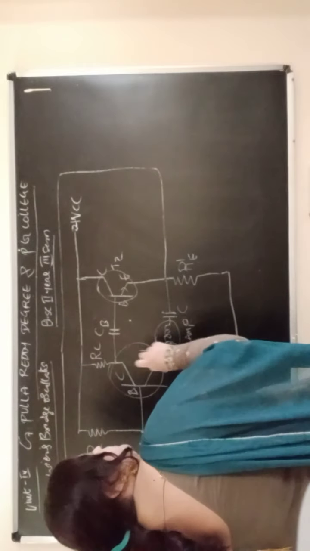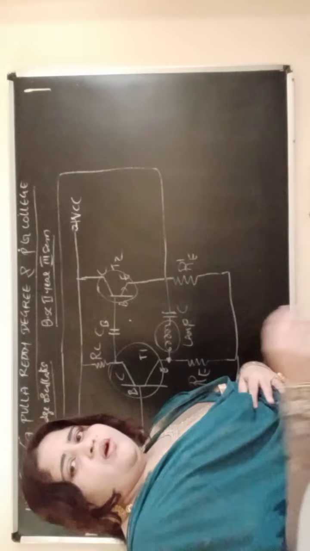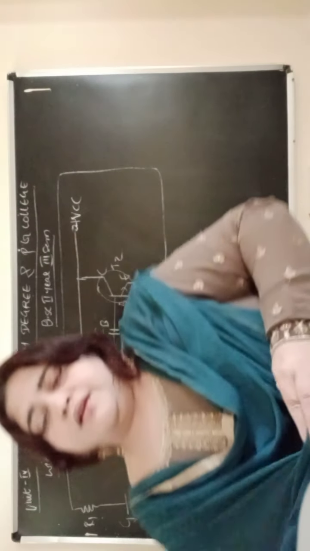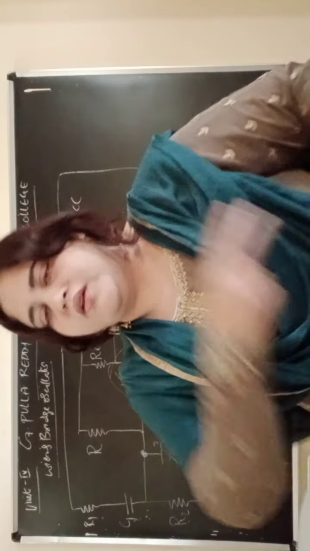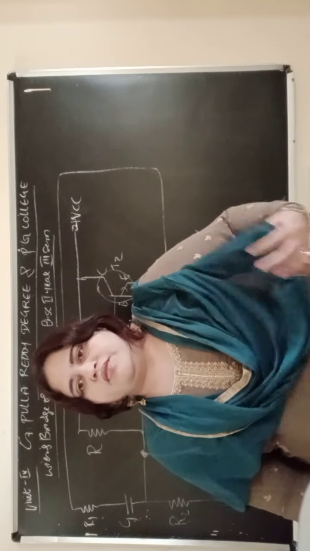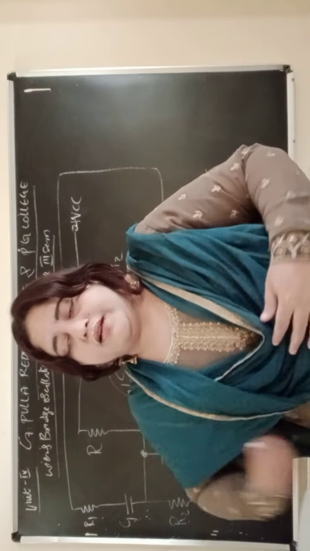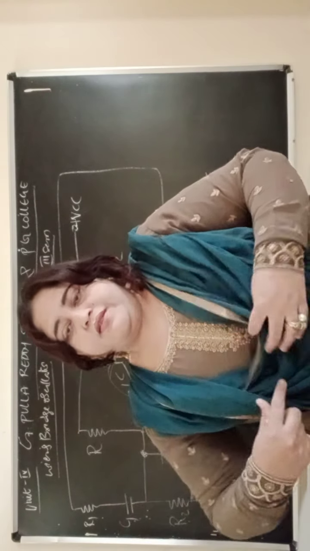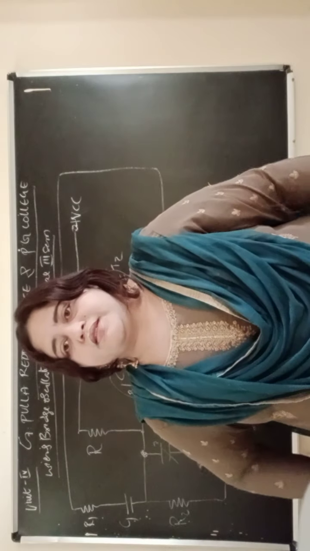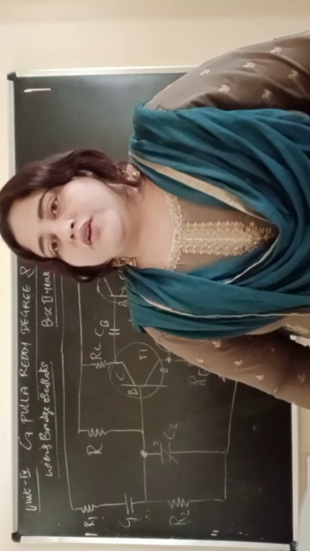I will tell you. What we have done? We have joined the two transistors. Why have we taken two transistors? Because without any AC input, we should have the output in the form of a sine wave. Remember this. With one transistor we cannot get that, so here we have taken two transistors.